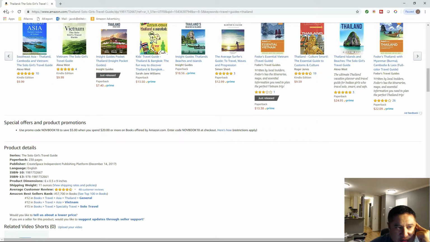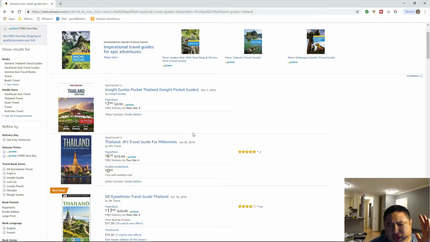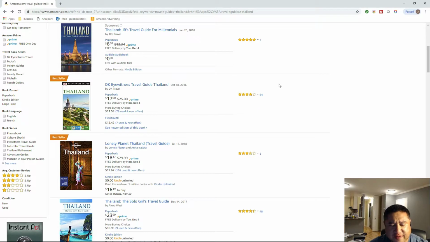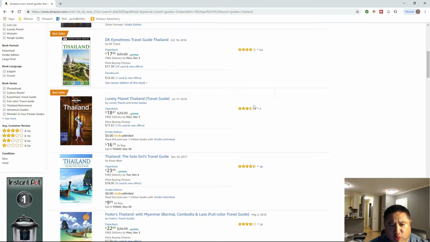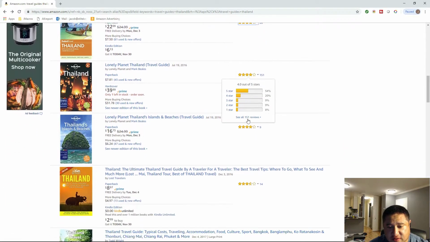Okay, sells well. And notice that in the way of reviews, if we really want to factor reviews as criteria for how competitive a book niche is, it's not overwhelmingly competitive if we are considering reviews.